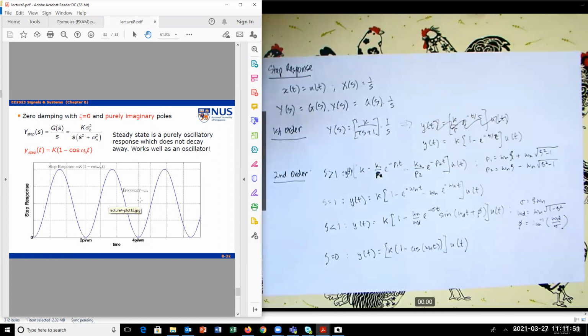So those are the 4 cases. I'll talk about some of the characteristics afterwards, but basically that is what it is. Any questions at this point in time?